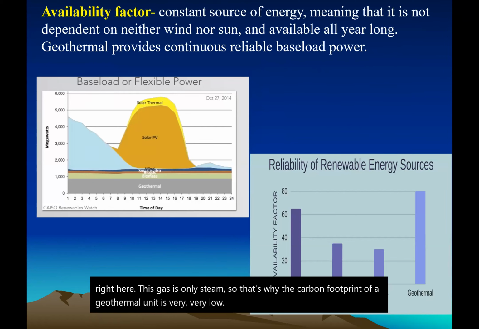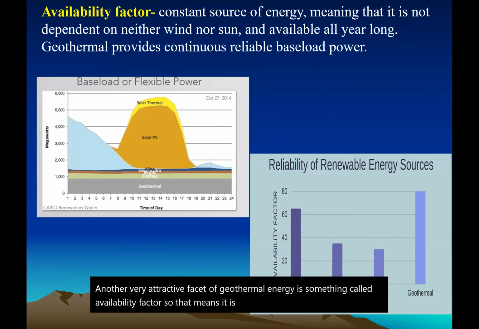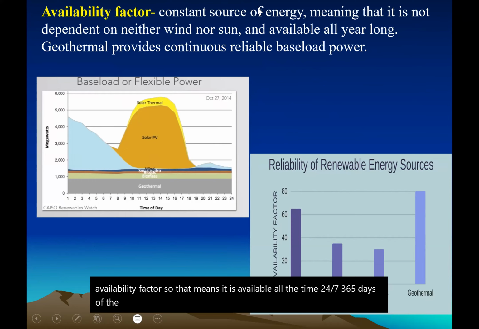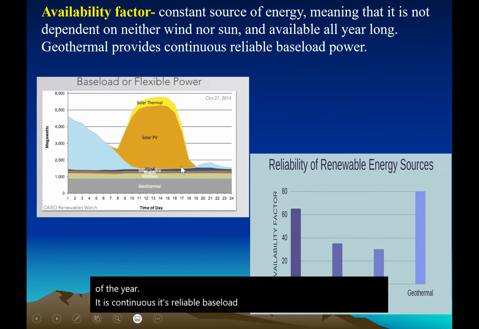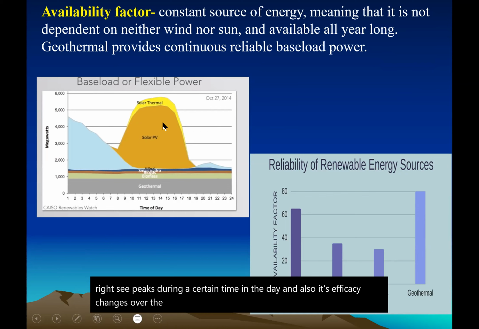Another very attractive facet of geothermal energy is something called availability factor. That means it is available all the time, 24/7, 365 days of the year. It is continuous, reliable base load power. If you take solar energy, it peaks during a certain time in the day, and its efficacy changes over the different seasons.